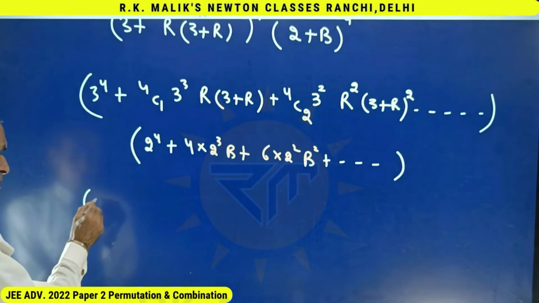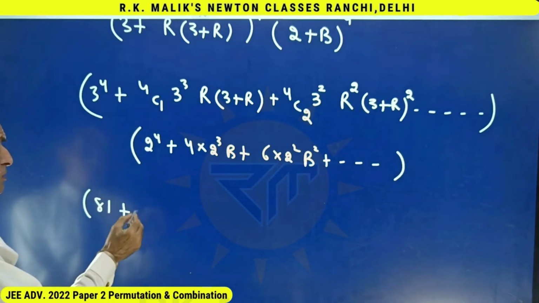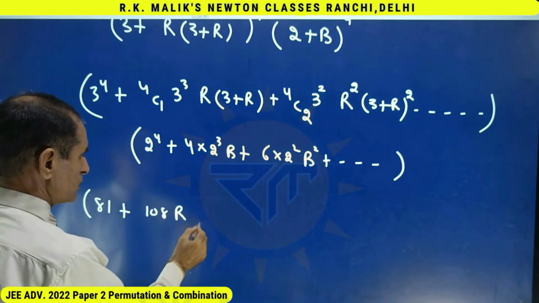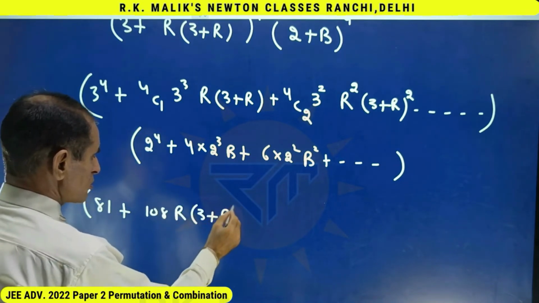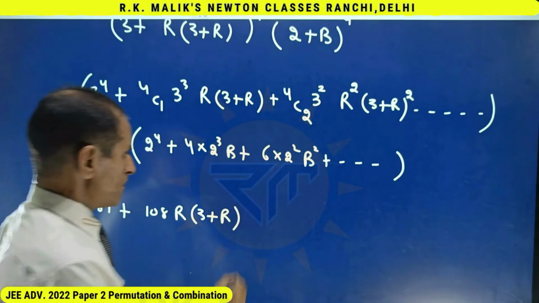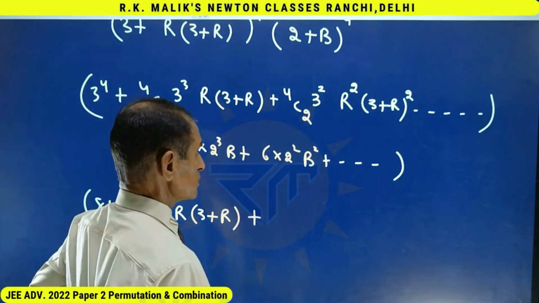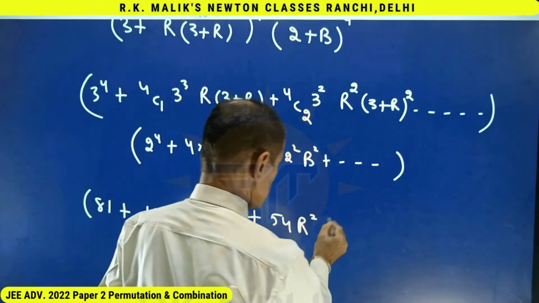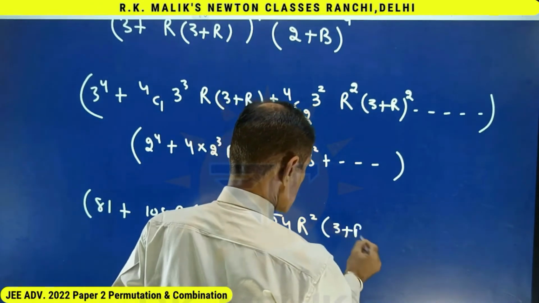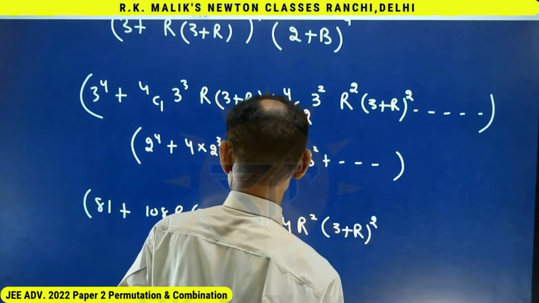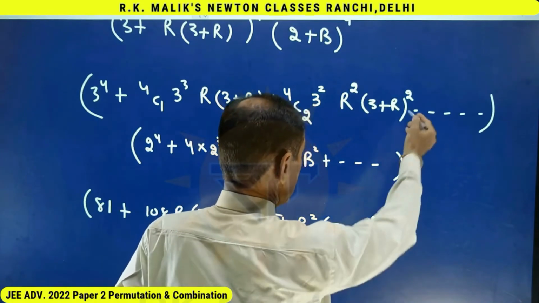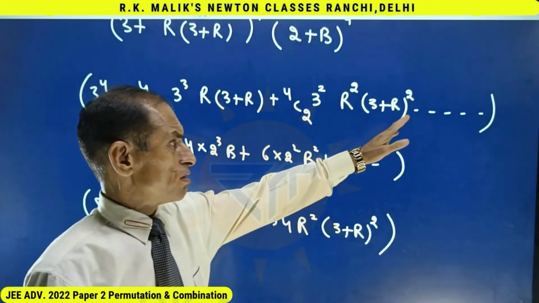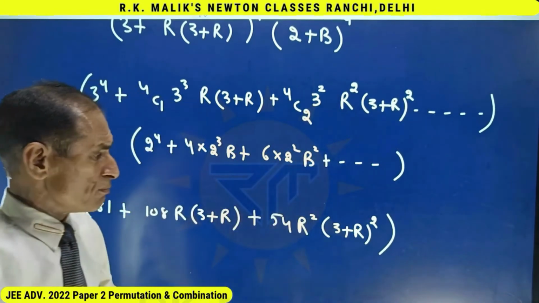It is equal to 81 plus 108 r into (3 plus r) plus 54 r square into (3 plus r) whole square, and the remaining terms are useless because in others r cube etc. will come.